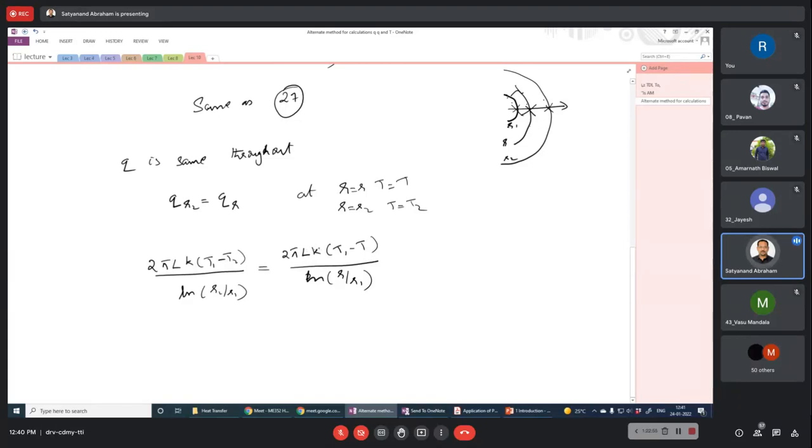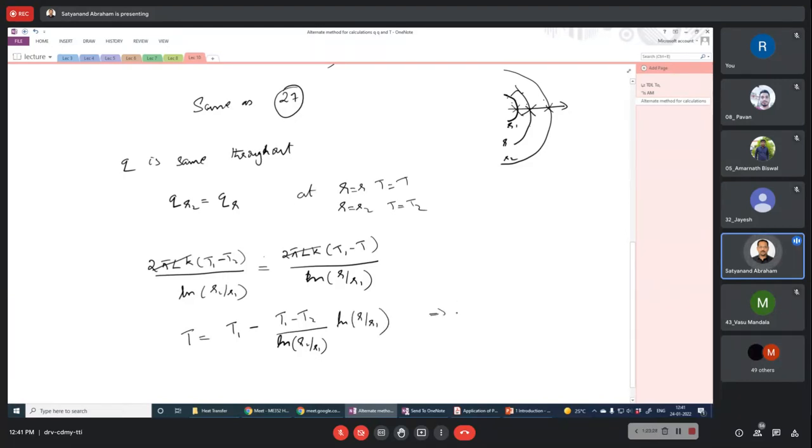Now you can cancel the 2 pi L k. Then you get T is equal to, taking this one up over here, T1 minus (T1 minus T2) divided by ln(R2 by R1) times ln(R by R1).